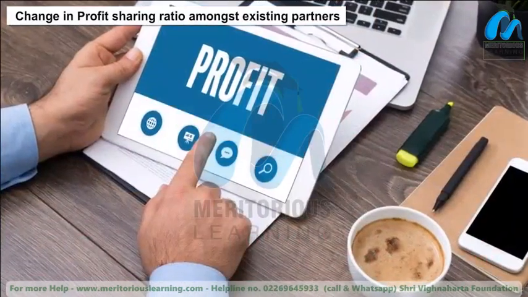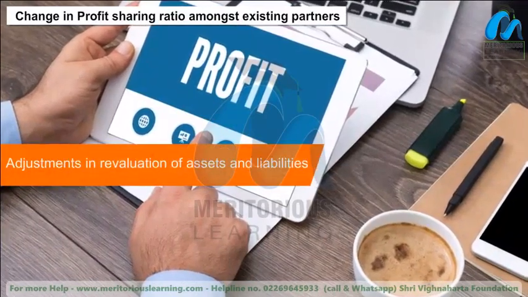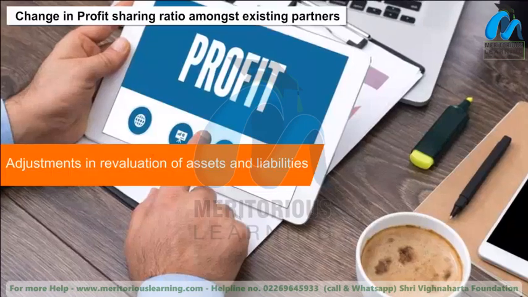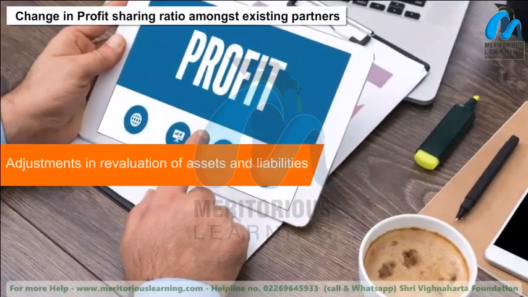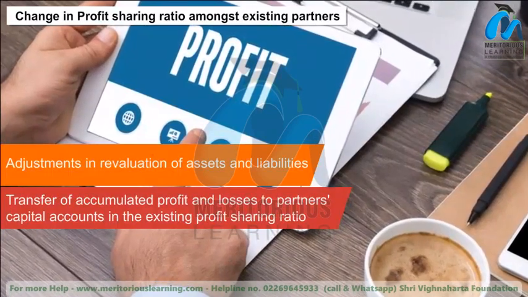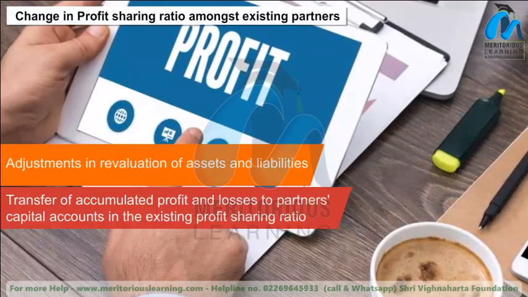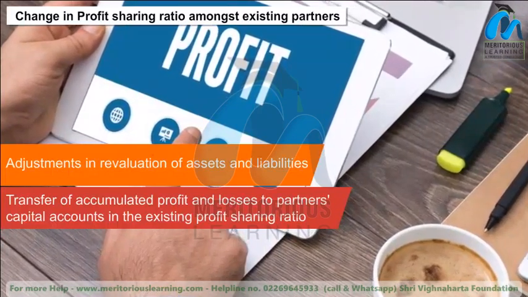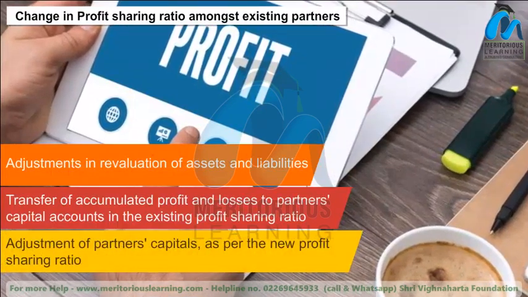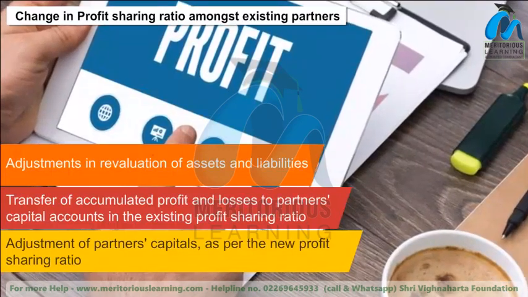Any change in the profit-sharing ratio involves adjustments in revaluation of assets and liabilities, transfer of accumulated profit and losses to partners' capital accounts in the existing profit-sharing ratio, and adjustment of partners' capitals as per the new profit-sharing ratio.